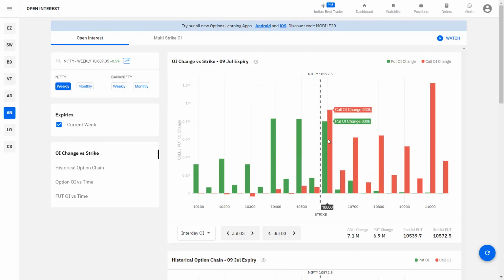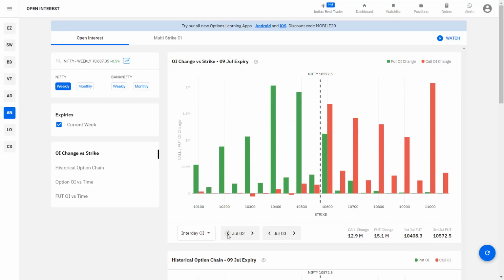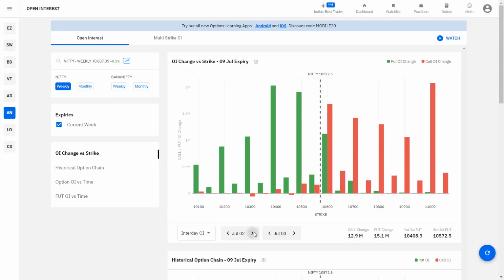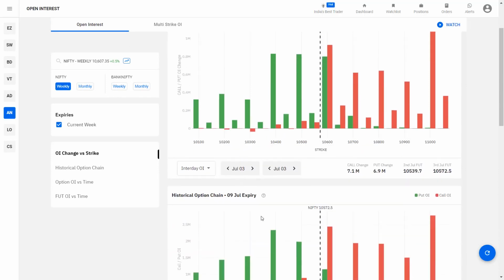The number of calls added at 10,600 is more than the number of puts added in 10,600. So call change is around 7.1 million, put change is around 6.9 million, almost even Steven. And you can see the futures here. So if I want to see what happened between June 30th and July 3rd, I can see it here. So basically I can select my range and it tells me what was the OI change in that day range.